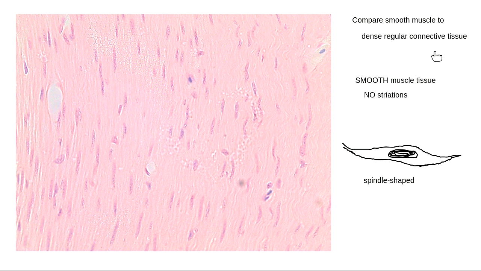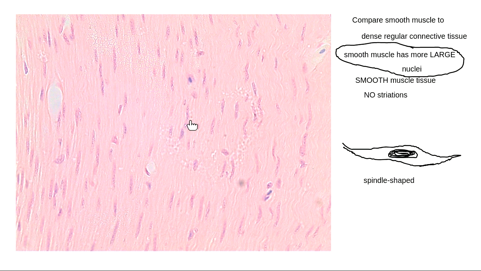Biggest way you can tell a difference, smooth muscle has more large nuclei. Smooth muscle has a lot of large nuclei. So what I mean by that is when you look at this tissue, see all of these purple spots? All of these purple spots are nuclei, and I've got a lot of them on my tissue in my field of view here.